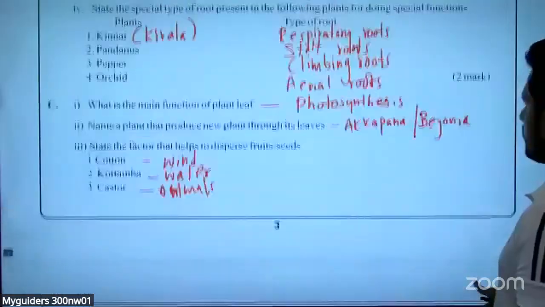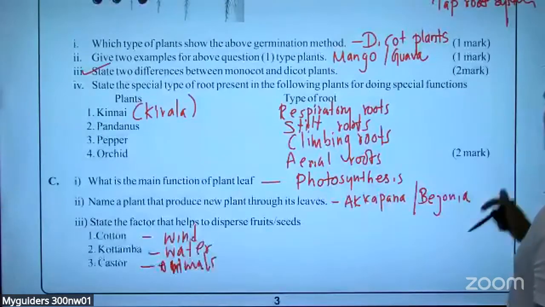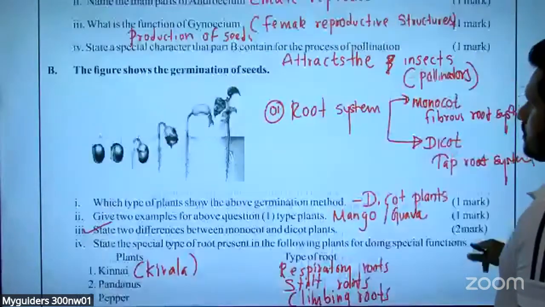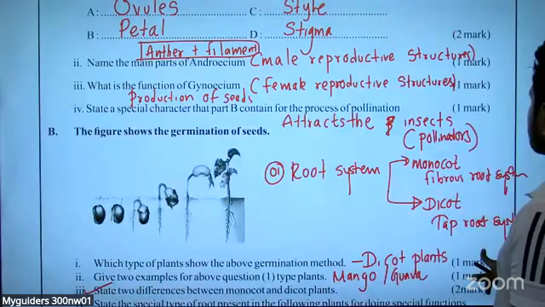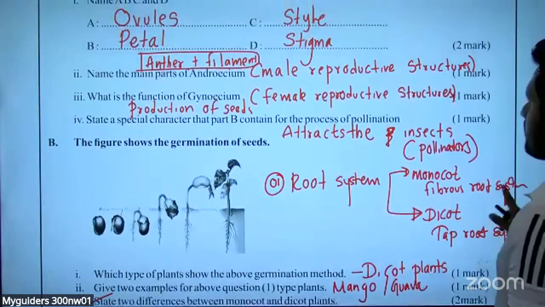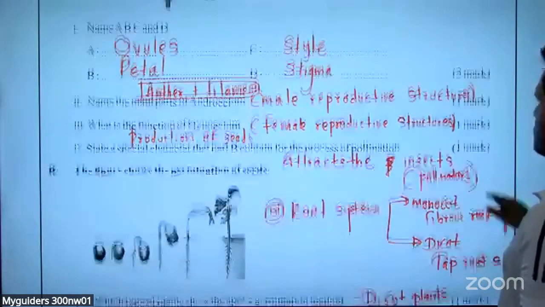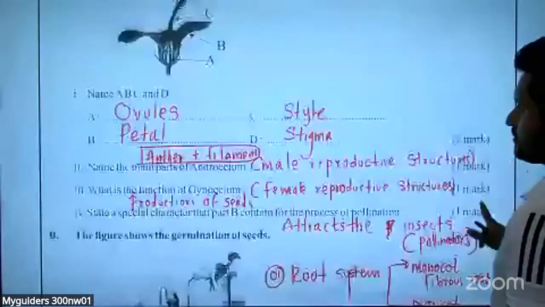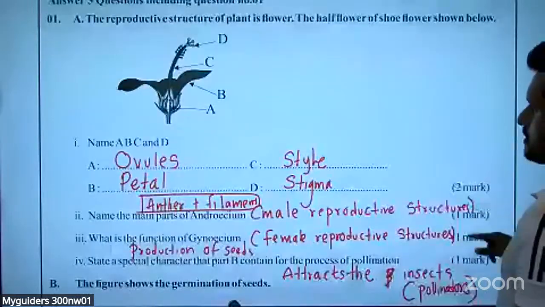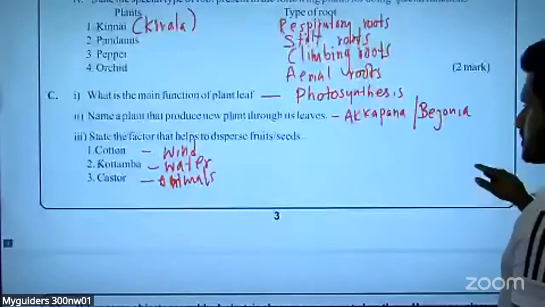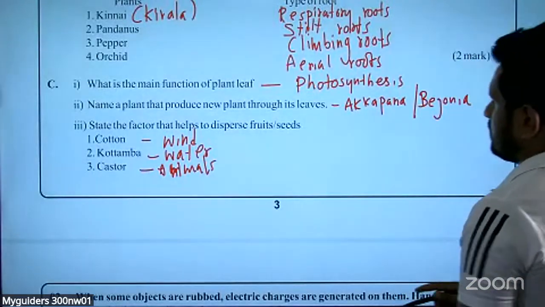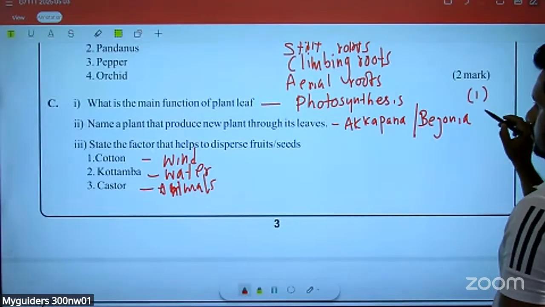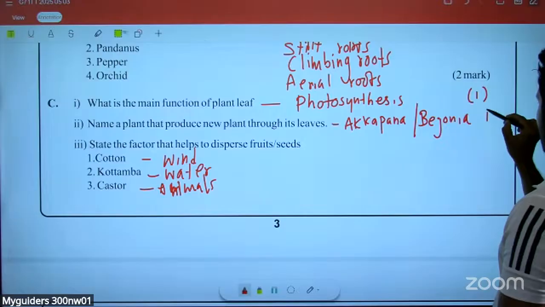You can have 2 marks here, 2, 4, 5, 6, 7, 8, 9, 10, 11. 11 marks. මේකට දාමු පුතේ marks. 11. මෙයාට 1 දාගන්න. 1 mark.